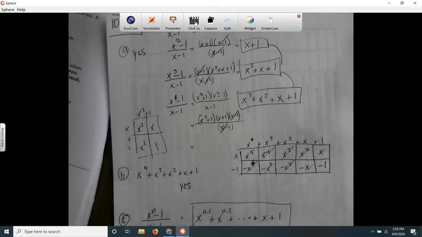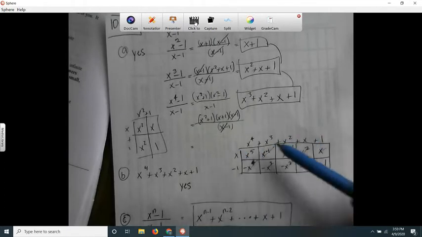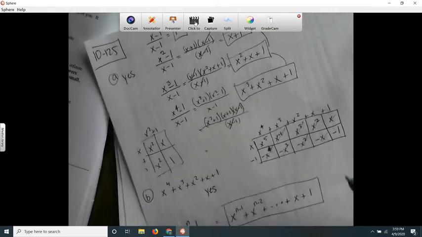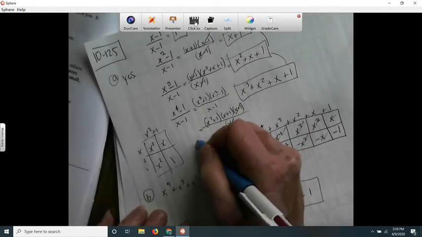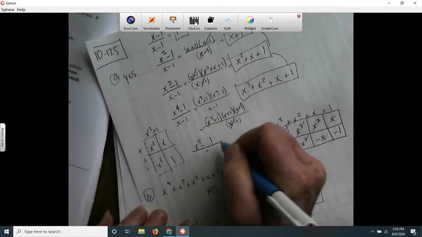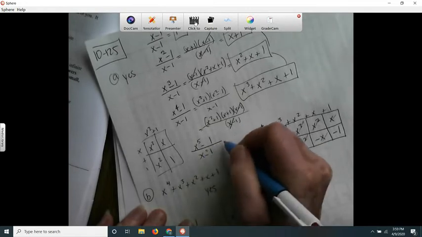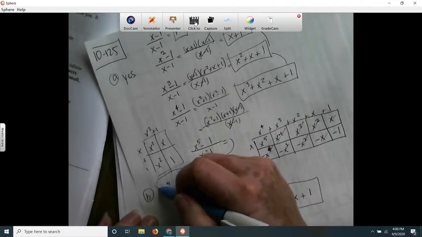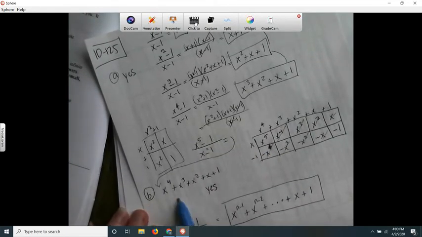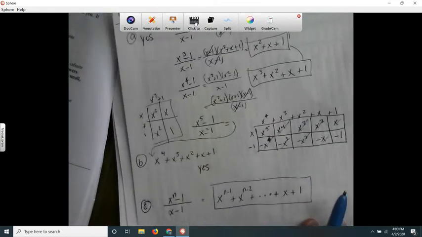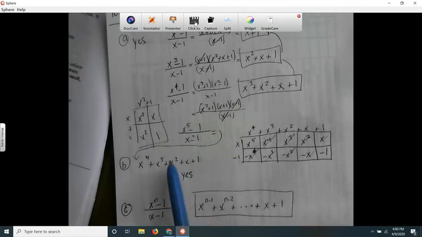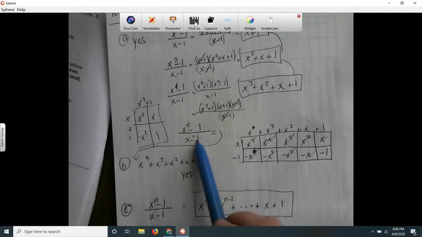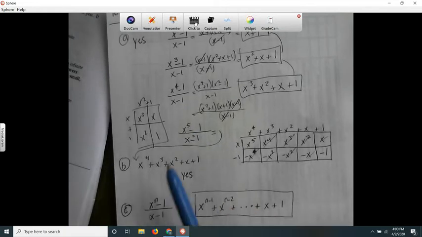And I actually did the long multiplication just to check it. So if this started out as being x to the 5th minus 1 all over x minus 1, and that all equaled that, then what I can do is multiply that, the quotient, by the divisor and get the dividend back again.